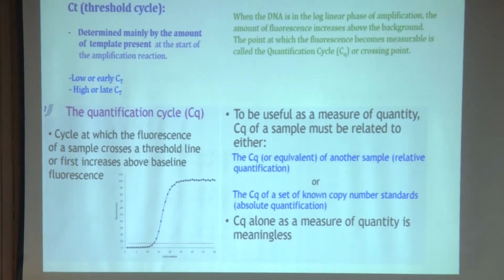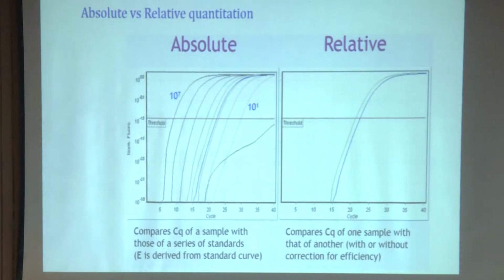From there you can know the copy number for absolute quantification. CQ alone is not a meaningful measure of quantity, because it only says which cycle reaches the threshold level. That's all.